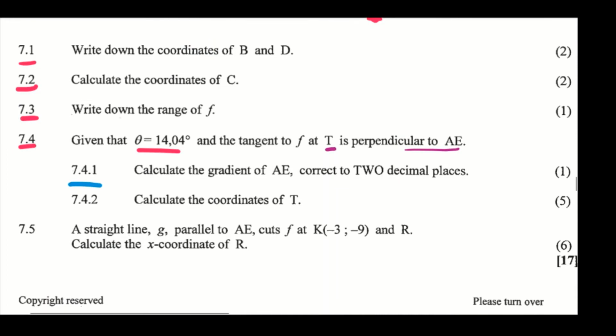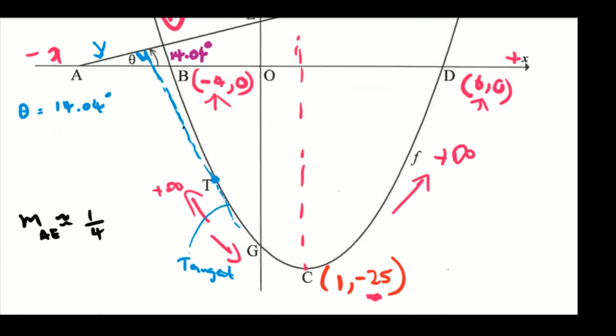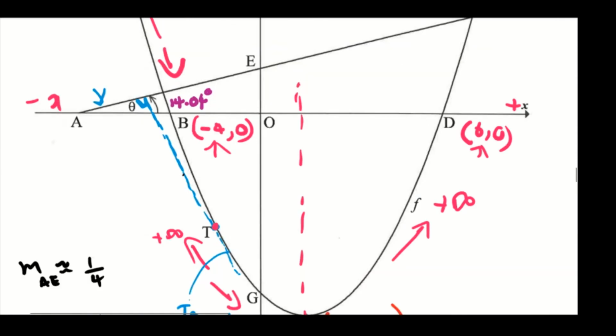Fine. So 7.4.2, calculate the coordinates of T. Remember that T lies here at this point here. So we want to identify the coordinates of T. So for us to determine that, we need to remember that this line of tangent is perpendicular to the line of AE.